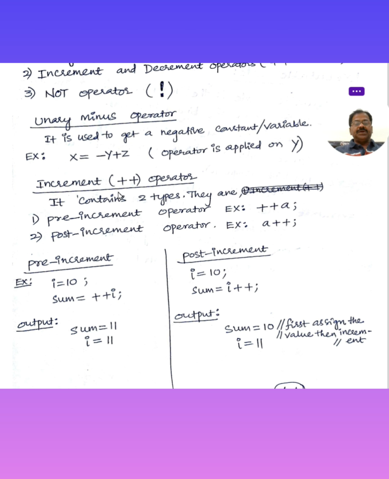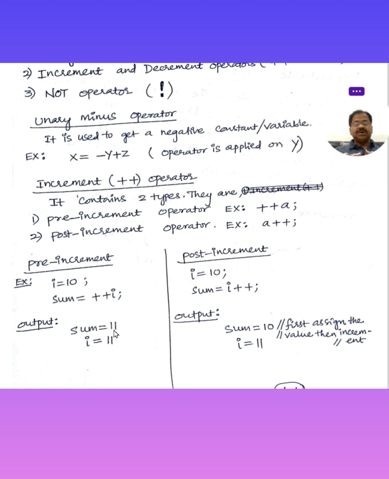Okay, next, increment operator. Here we have two types of increment operators: pre-increment operator, for example plus plus A, and post-increment operator, A plus plus. You see here, I is equal to 10, sum is plus plus I. At the beginning the value will be 10 only. Later, whenever we display the sum, then the value will become 11.